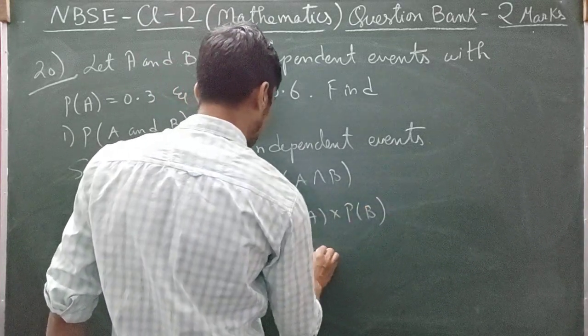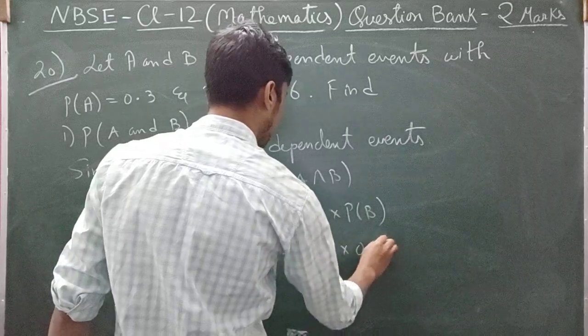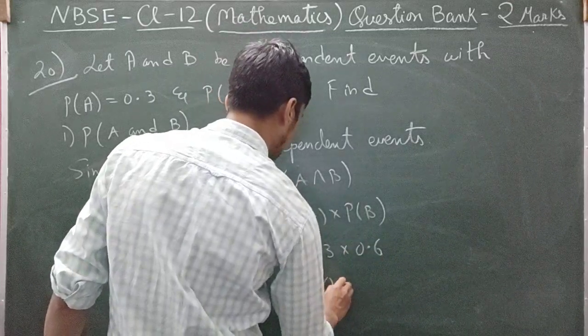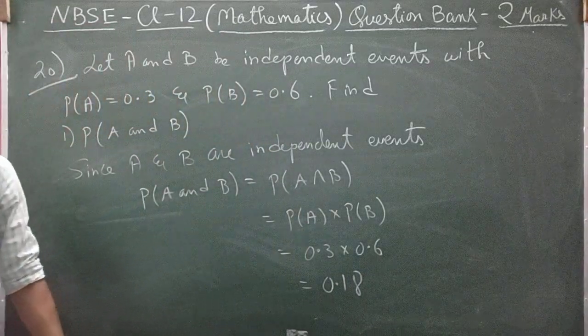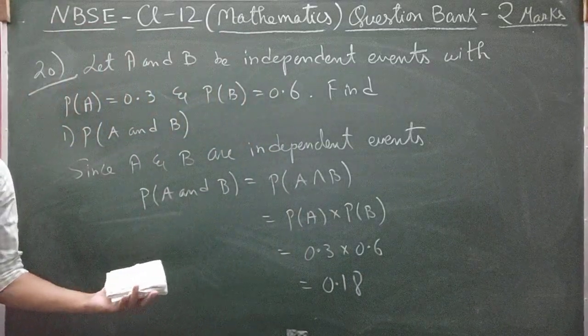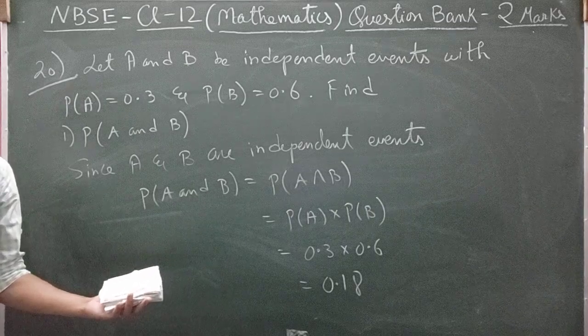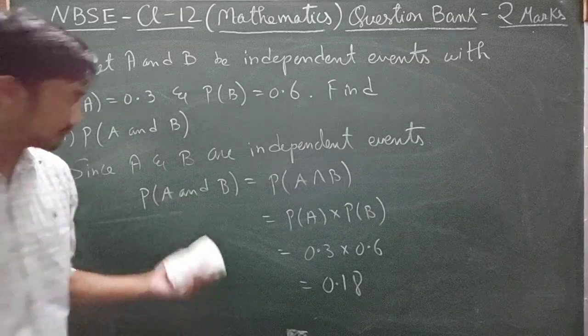Okay, so that's 0.3 into 0.6. That's 0.18. Same question, only the quantities are changed. Alright, done?